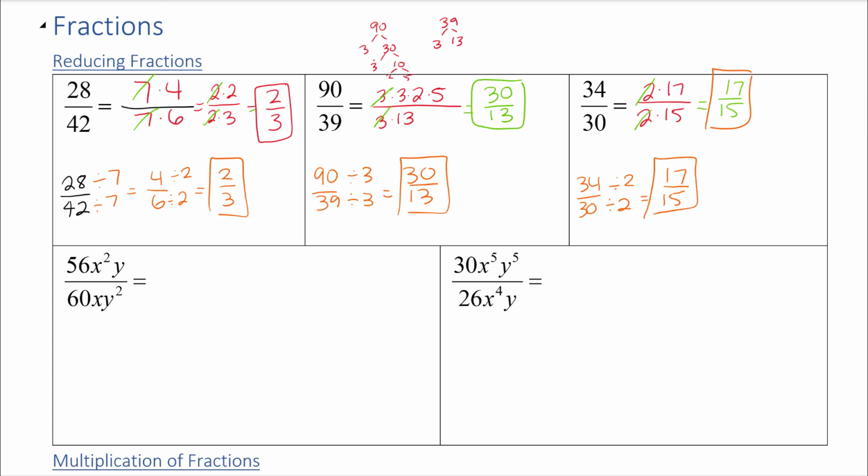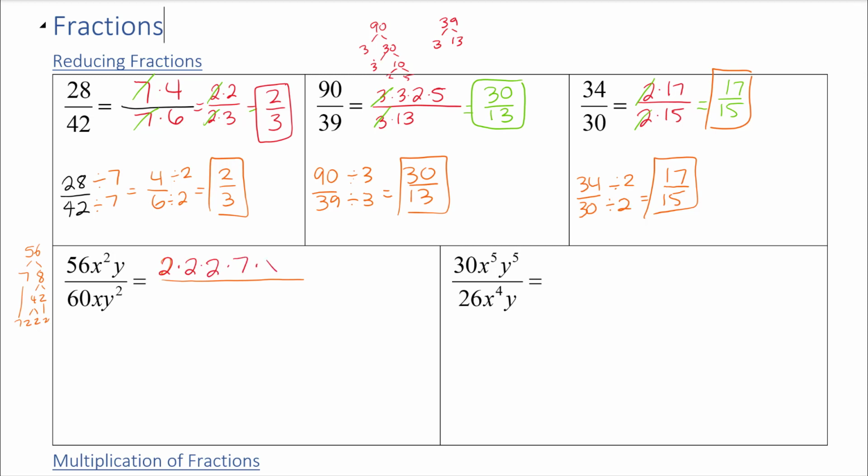Notice our next problem has variables in it, x's and y's. How exciting. So 56, if I want to break 56 down, 56 is 7 times 8. 8 is 4 and 2, so 2, 2, 2, and then the 7. So if I break this down, I'm going to get in the top 2 times 2 times 2 times 7.